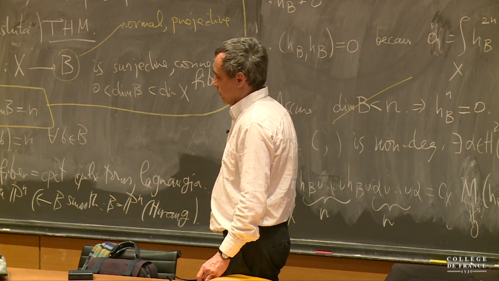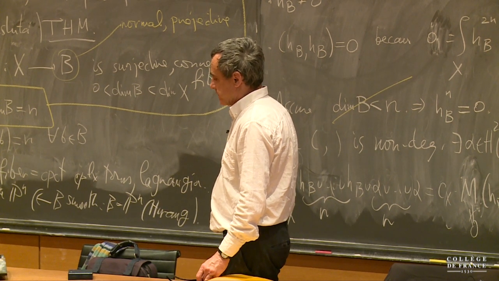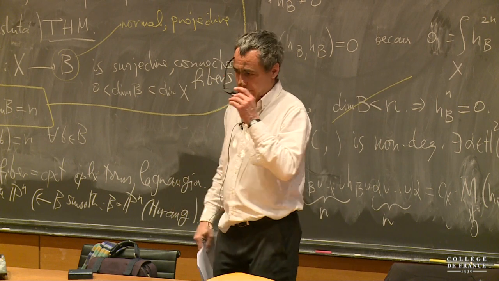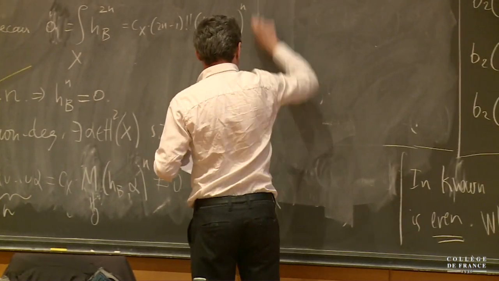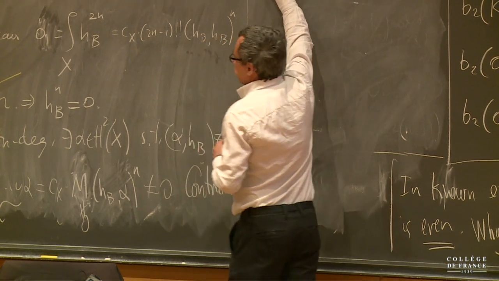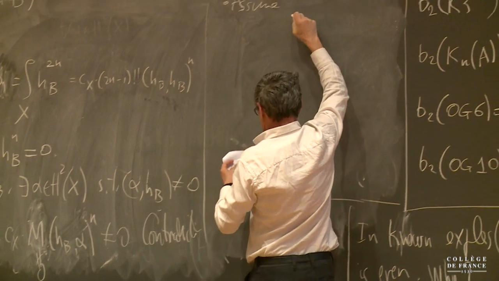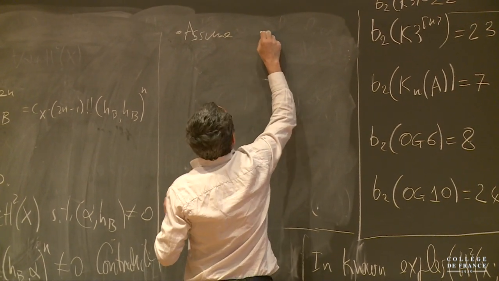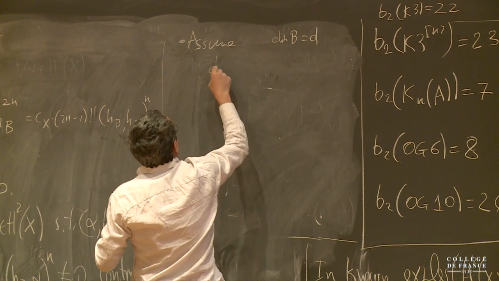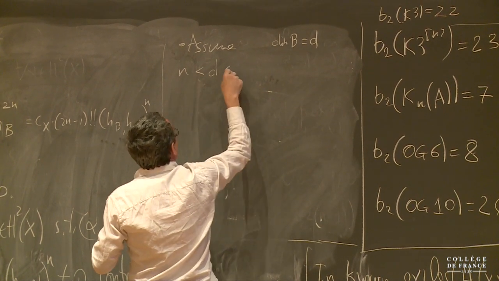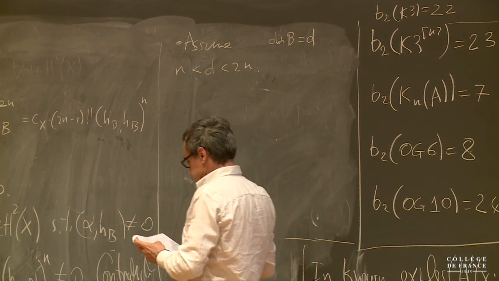But that doesn't work with this other case, no? Because here we assume the dimension of B is d, where d is bigger than n.